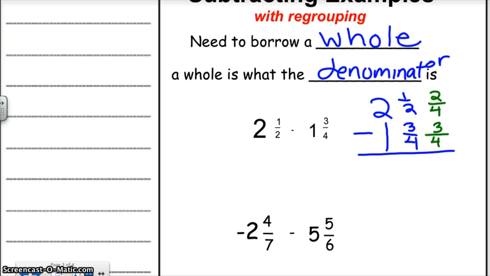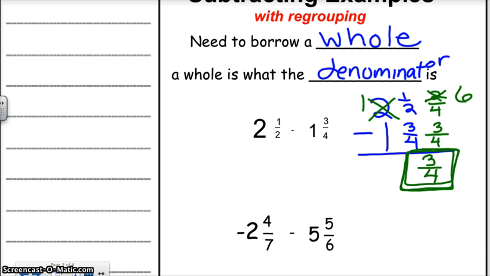So the 2 comes over to the whole and says, hey, I need to borrow some. And then, how many parts are in the whole? 4. There's 4 parts. So it gives them 4 parts to create that whole. So I have 4 parts that I borrowed plus the 2 I already have. How many parts do I have? 6. Now I go 6, take away 3 is 3/4. 1 take away 1 is nothing. Final answer is 3/4.